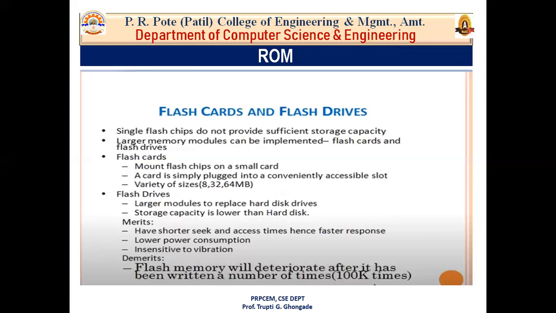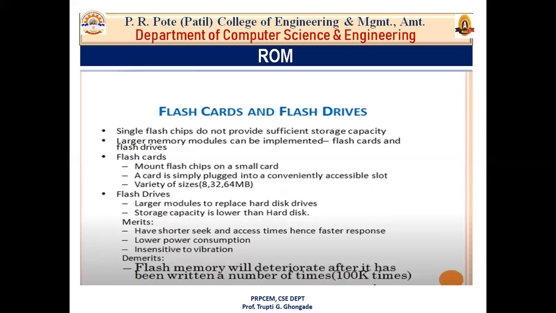Then what are the merits of flash memory? The first merit is that it has shorter seek and access time, hence faster response. So if you want to read data from flash memory, it is really quick. The second one is low power consumption and insensitivity to vibration. That's why it is used in portable devices.